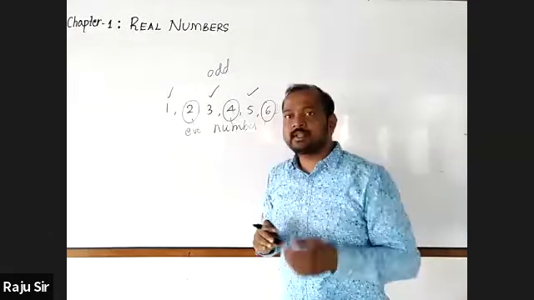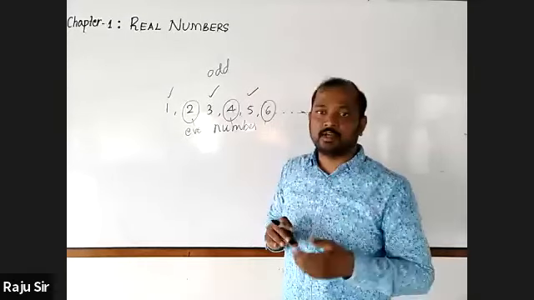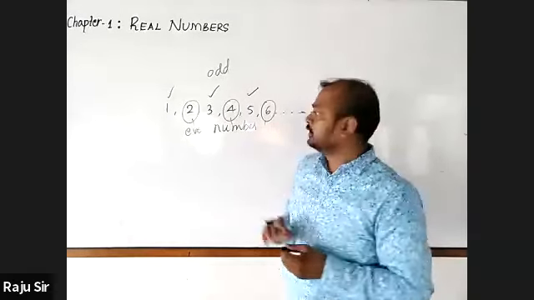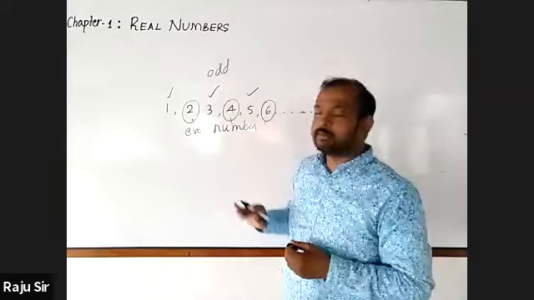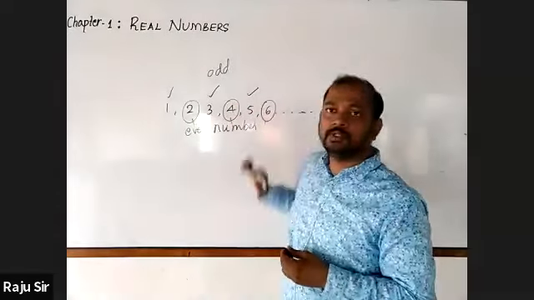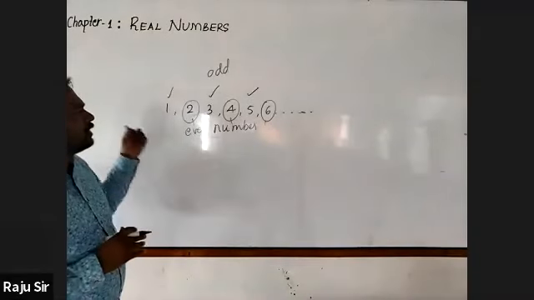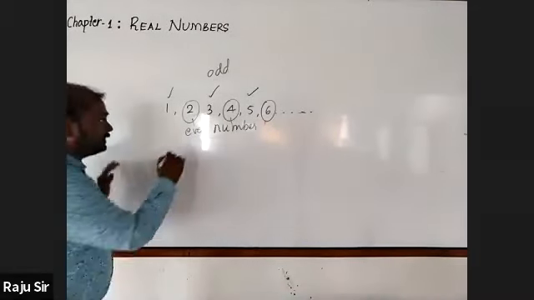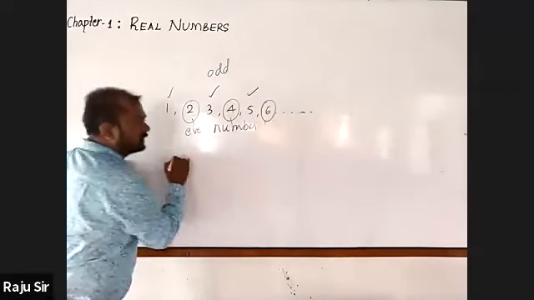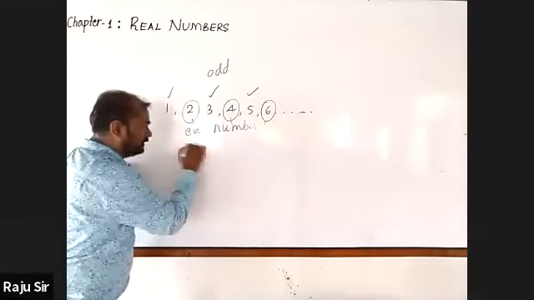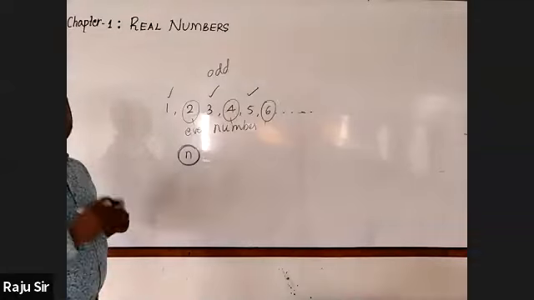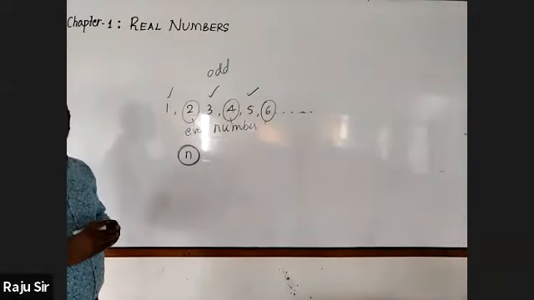In your previous classes, you have learned about the pattern of numbers. The pattern of numbers can also be applied to even as well as odd numbers. We know that natural numbers in general can be represented as n. n is 1, 2, 3, 4, and so on.